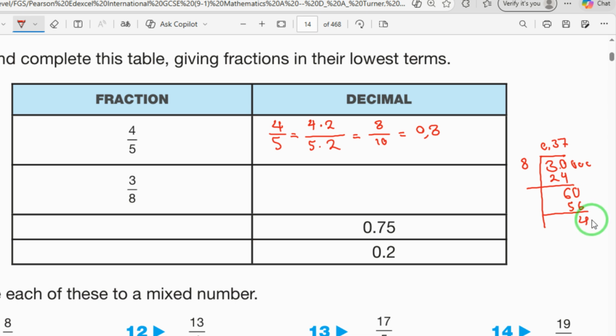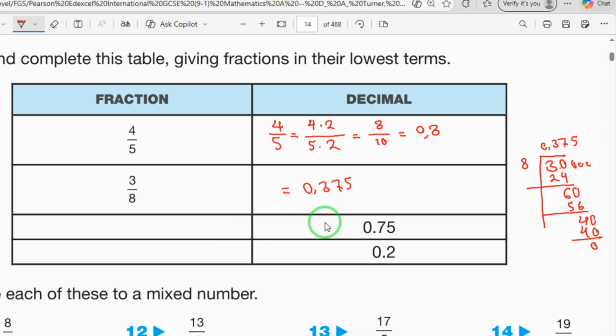We bring down another 0, it becomes 40. 40 divided by 8 is 5. 5 times 8 is 40 and the remainder is 0. So the answer of this question is actually 0.375.